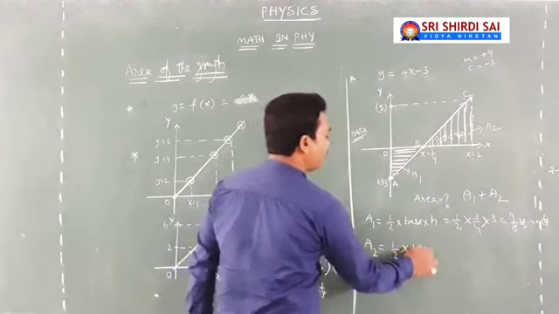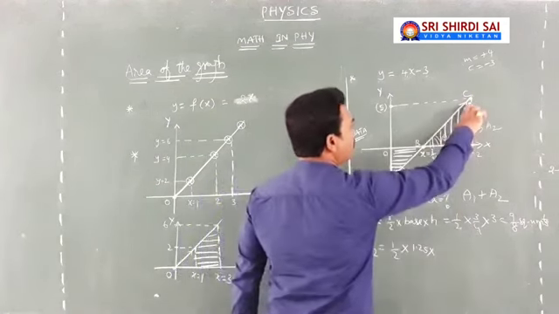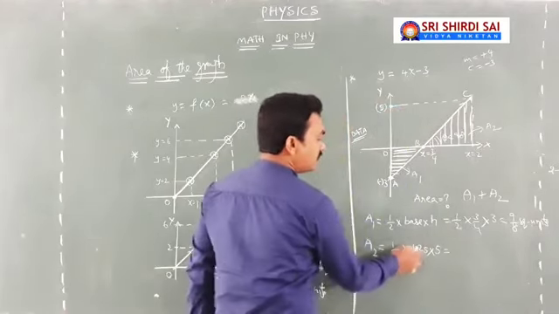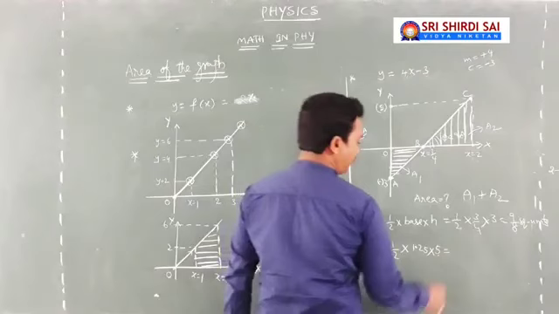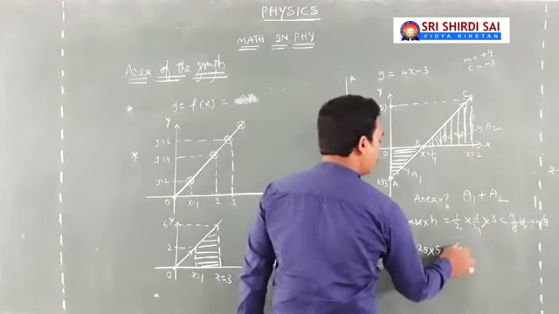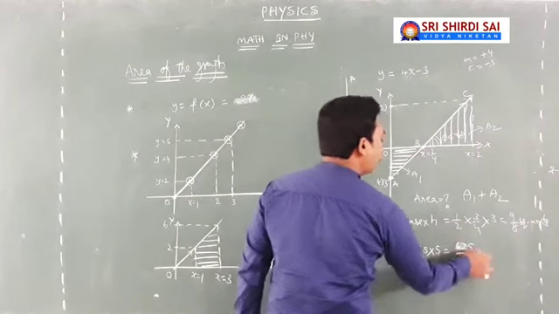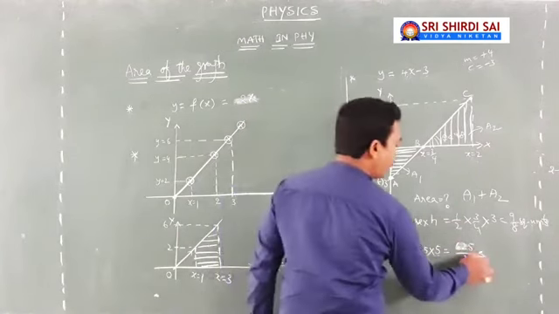So 1.25 into height, this one, which means 5 units. So this is equal to 5 into 1.25, which is 6.25, by 2. 6.25 by 2 square units.